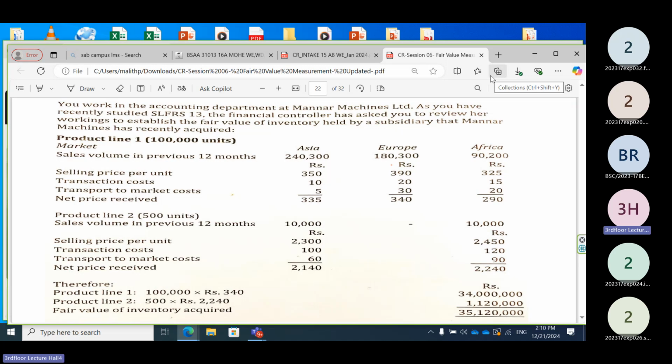Right. Product line 1. We have 3 markets: Asia, Europe, and Africa.